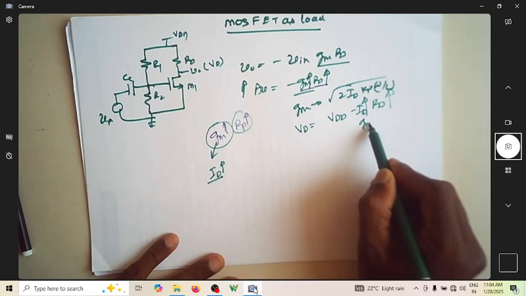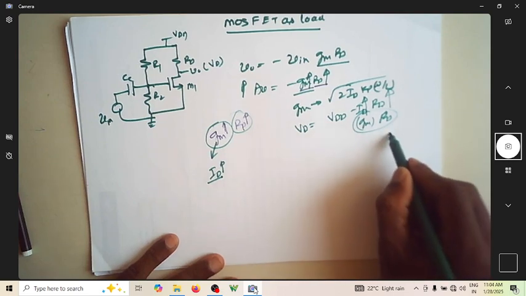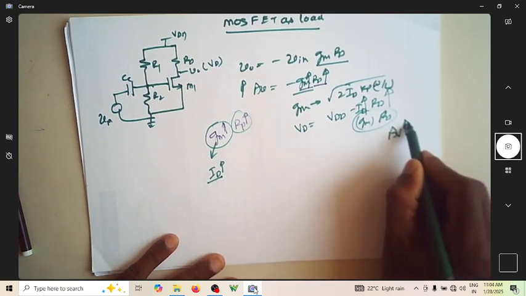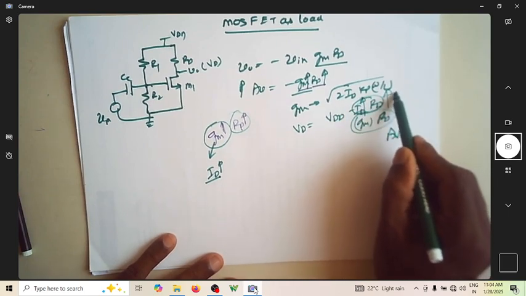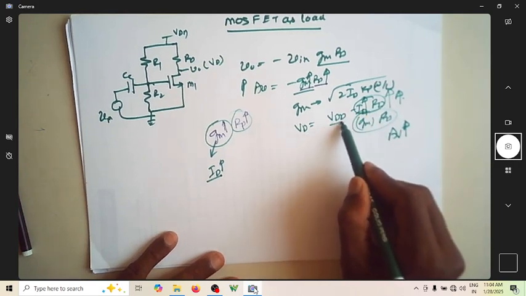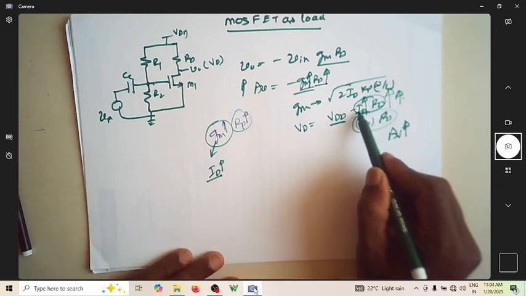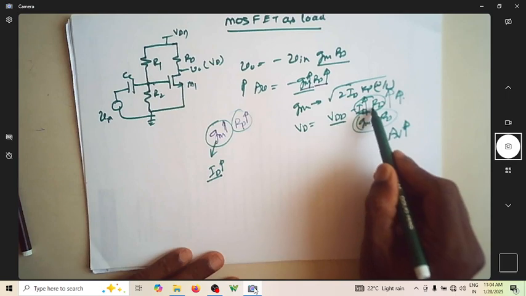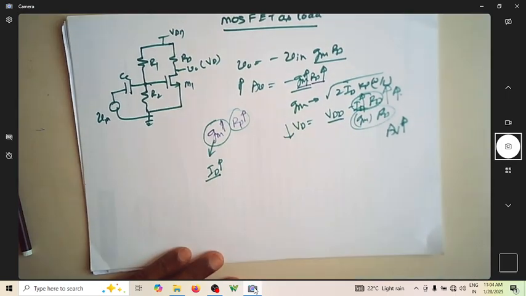In other words, if you want to increase AV, the gain of the amplifier, this drop will increase. This is a constant value, VDD, minus something you are subtracting. Whenever you are subtracting something from a constant value, naturally the resultant keeps on reducing.